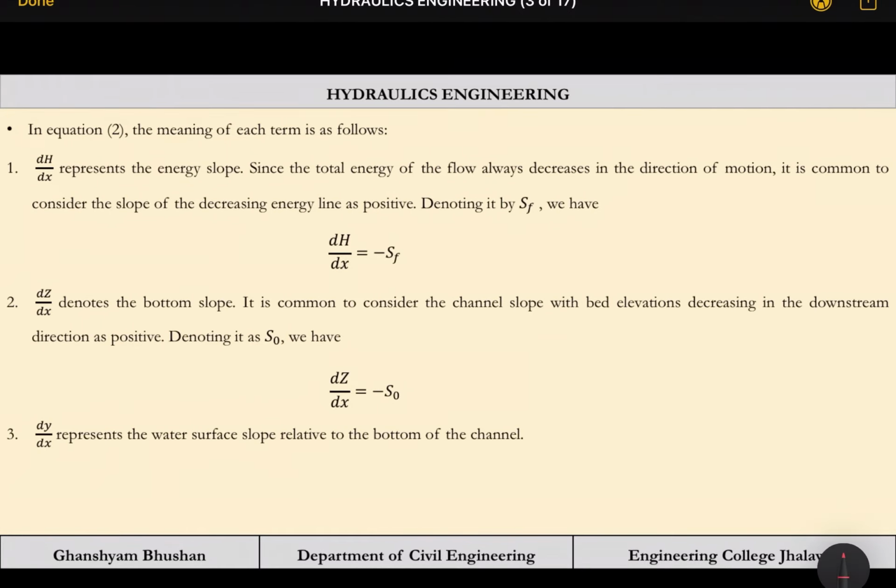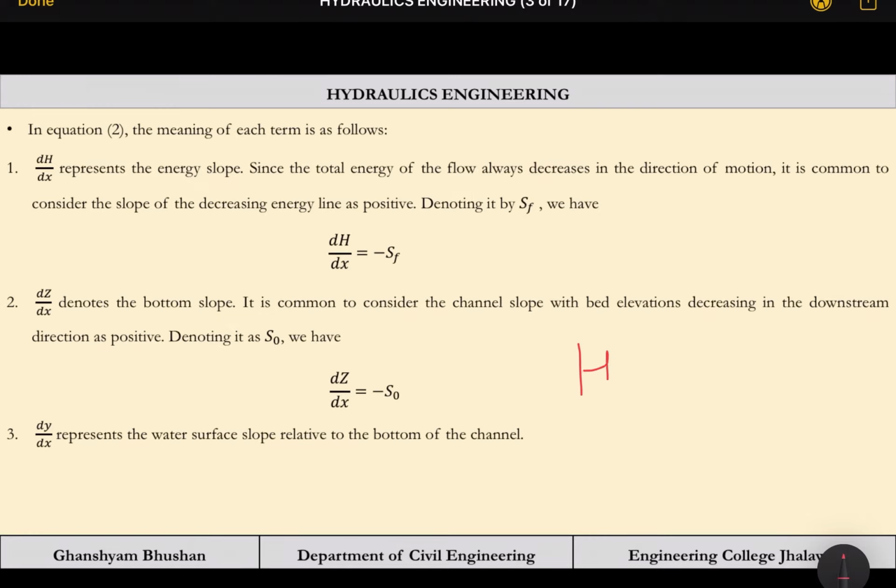Now let us see what each term of this equation is showing us. The second equation is in terms of y, z and v. The first term is dH by dx. It is representing the energy slope.